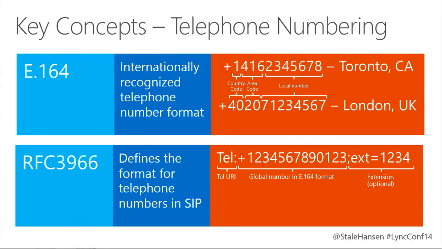And then you have the RFC 3966. This is not an exam question, though, so you don't have to remember this. But there's an RFC defining how a line URI should look, where you have the tel: which is the tel URI, and then you have the E164 formatted number, and then you have the extension, and how the extension should look when assigning the number.